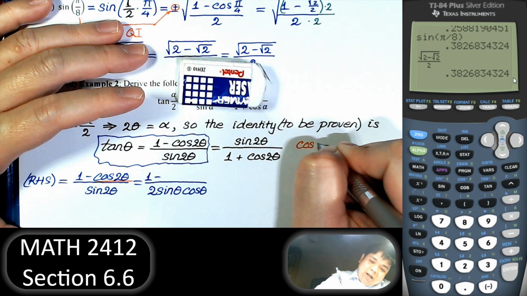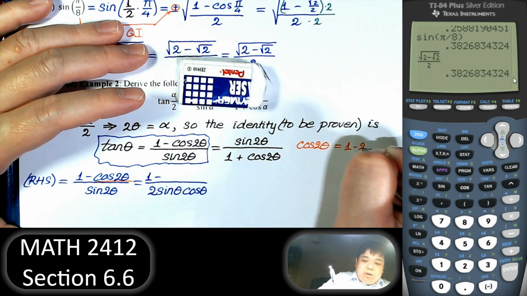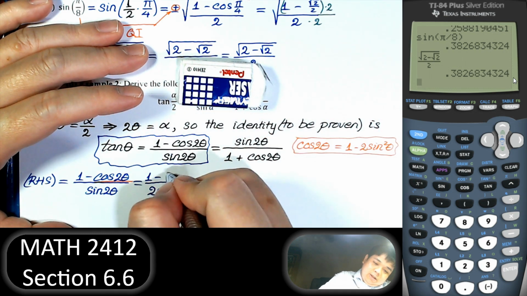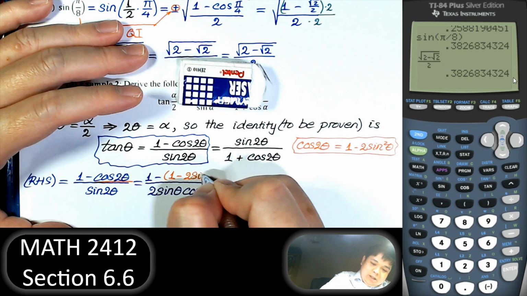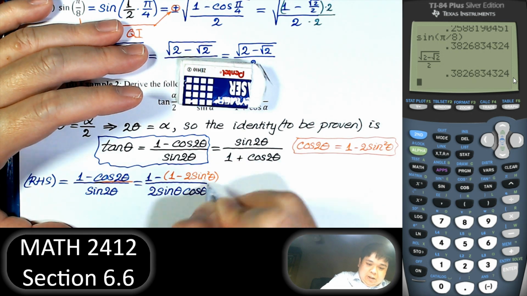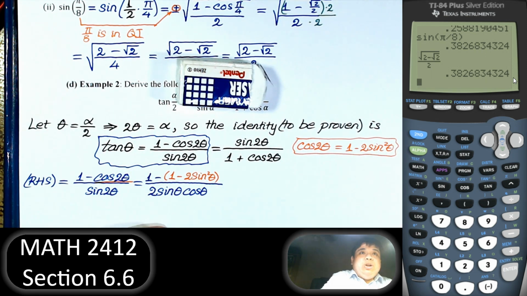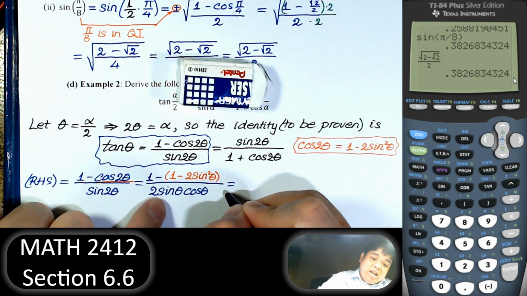So cosine of 2 theta, if we use sine, is 1 minus 2 sine square theta. That's what we use, because we want sine on the top, and for the bottom there's no choice, so we just go with that.